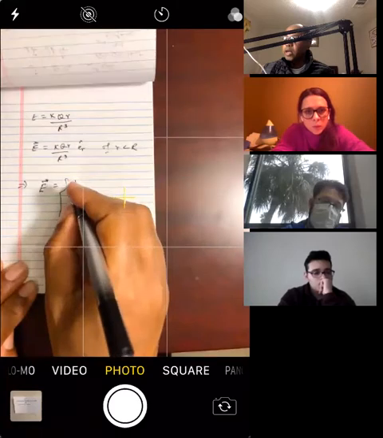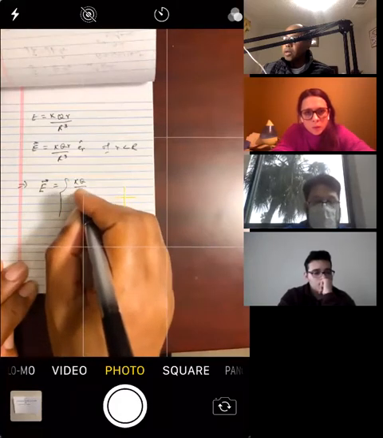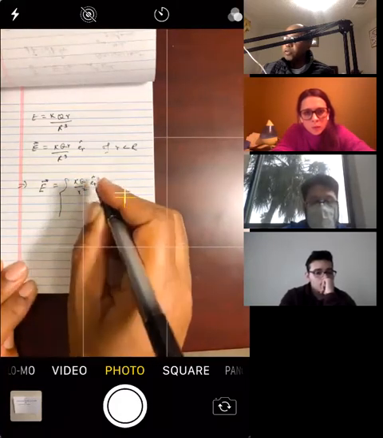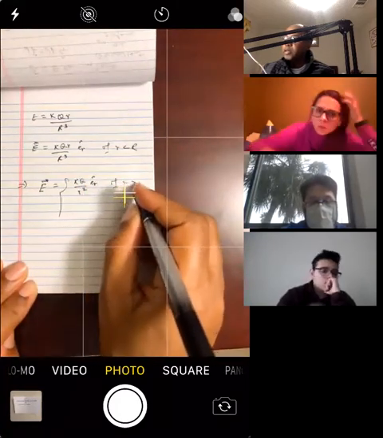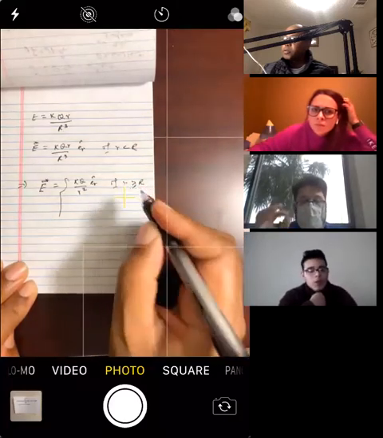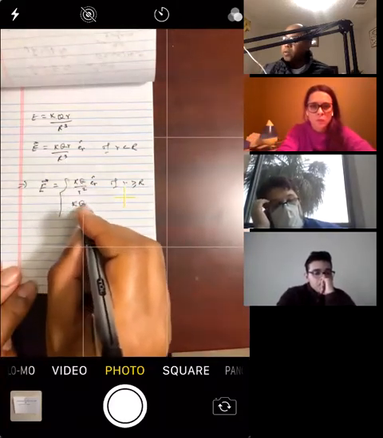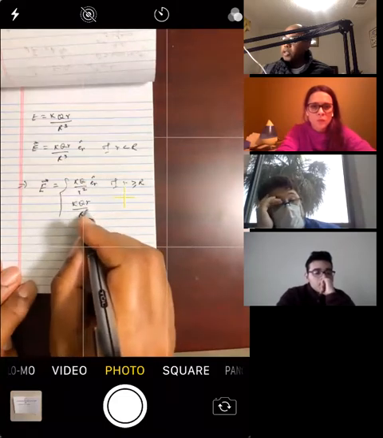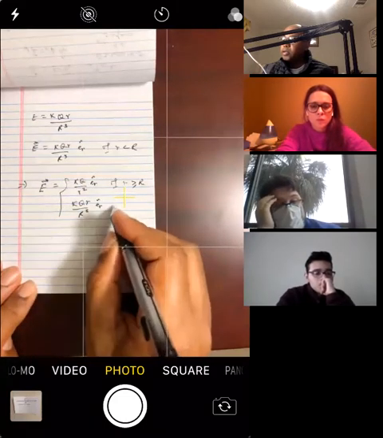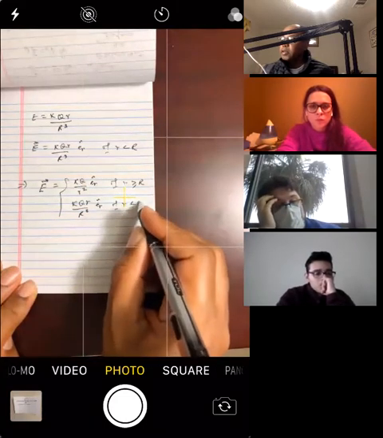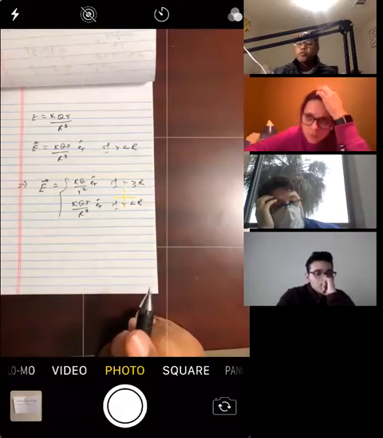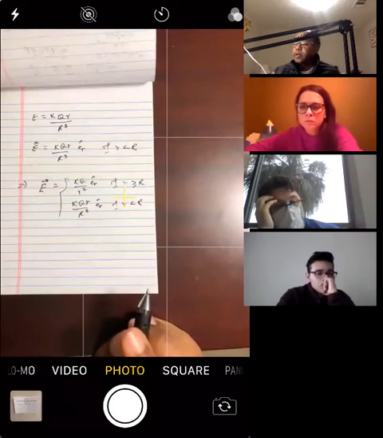The other one was kQ over r squared in the direction of the position vector if r is greater than the radius, or let's say put over here, R. And it's this one, kQr over R cubed in the direction of e_r if r is less than R. Okay, so you have two different formulas for inside and outside.